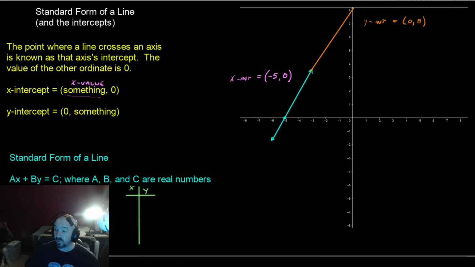For my x-intercept, I make y 0. If I choose y to be 0, that forces this whole piece to go to 0, because 2 times 0 is just 0. Now I need 3 times something is 6. Well, that's 2, so x is 2. So the point (2, 0) is on that line.